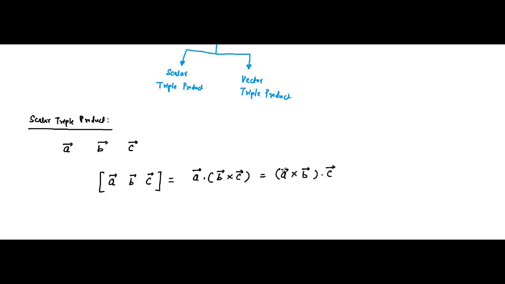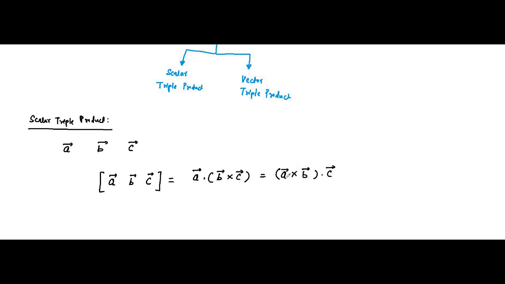So in the first way we have the first vector A vector, and then the cross product of the remaining two vectors, B vector cross C vector, gives rise to another vector, and then we calculate the dot product of the first vector and the cross product of the remaining two vectors. With the second way, same thing, but here first we perform the cross product A vector cross B vector, and that resultant vector, the cross product vector, we take the dot product with the third vector.